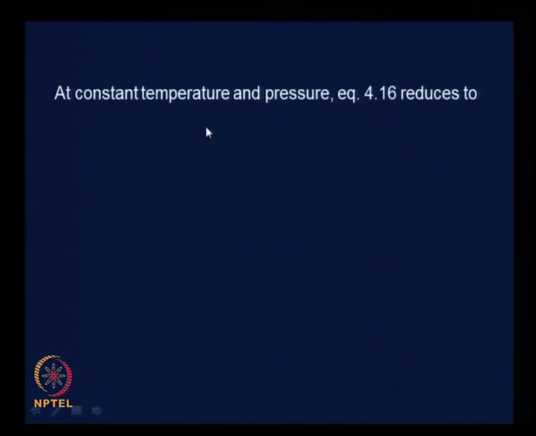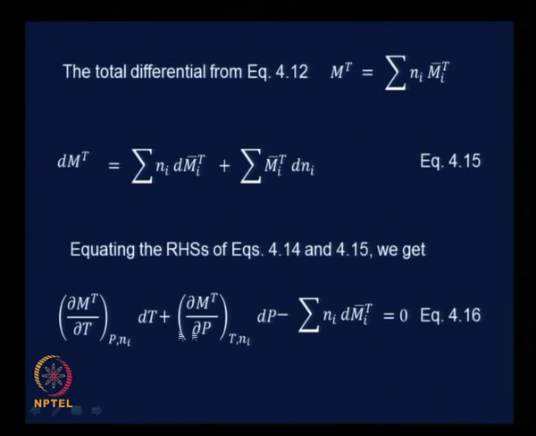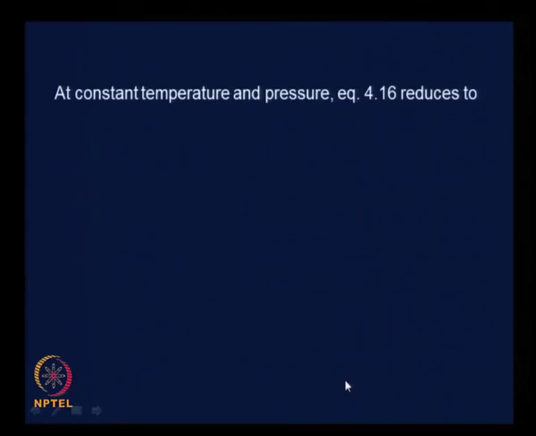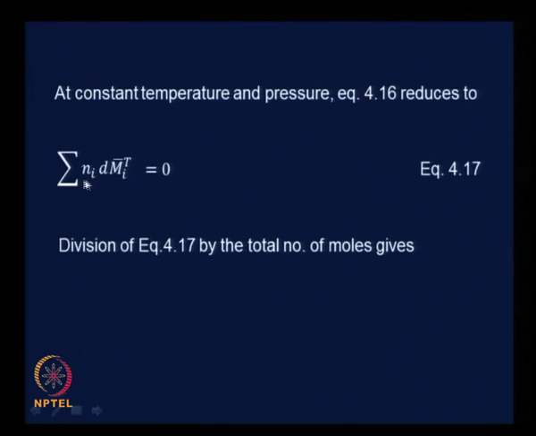If we do that at constant temperature and pressure, these two terms go to 0 because dT is 0 and dP is 0. Therefore, what remains is summation of Nᵢ dM̄ᵢ equals 0. We will call this equation 417. If we divide by the total number of moles, each term in the sum gets divided by N, and each Nᵢ can be replaced by the mole fraction, since Nᵢ/N is the definition of mole fraction.